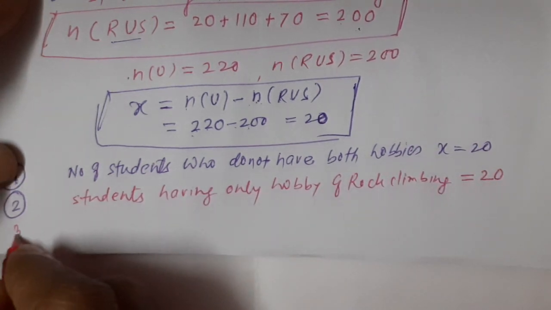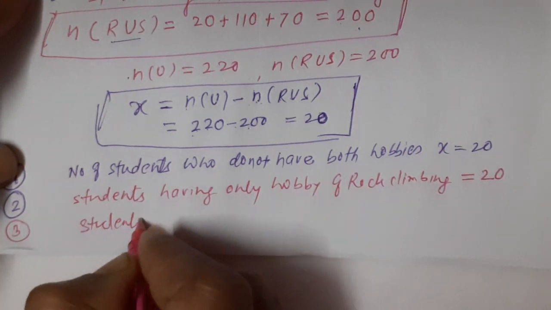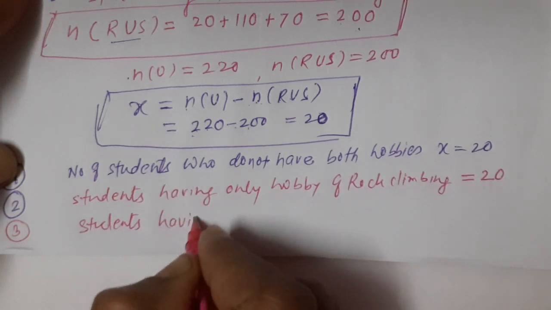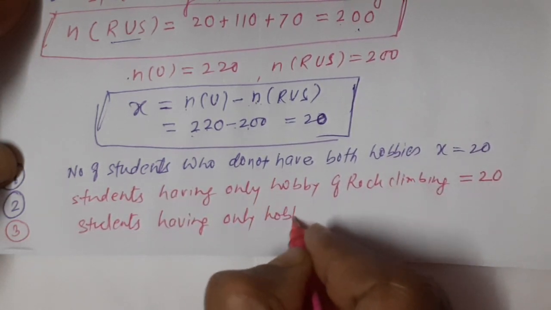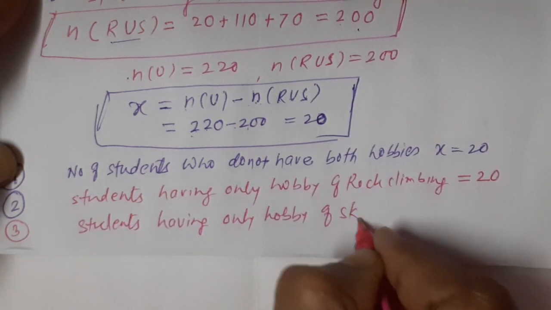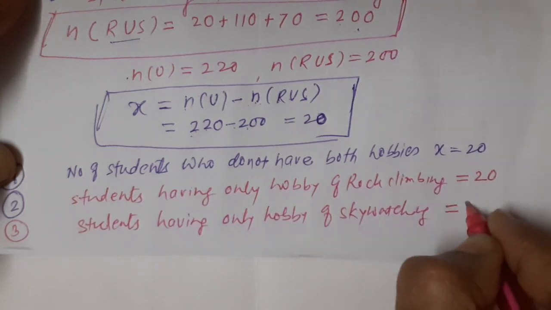And third, students having only the hobby of sky watching comes out to be 70.